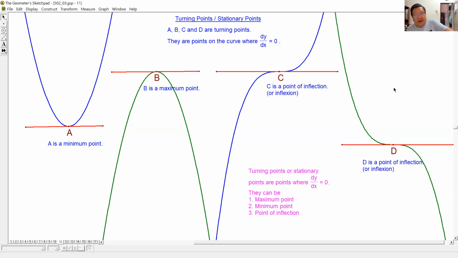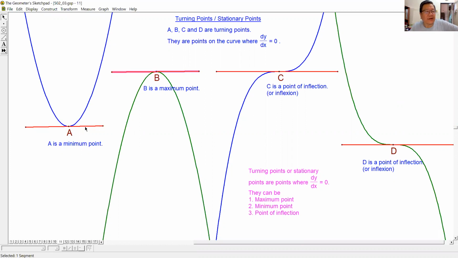The first curve I mark a point and call it A. The second curve I mark another point, B. The third curve, another point, C. And the fourth curve, another point, D.